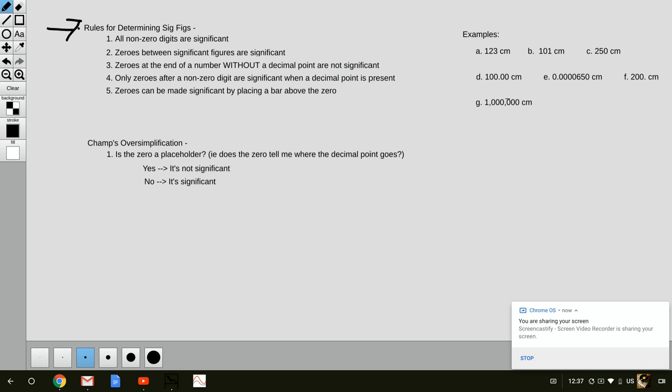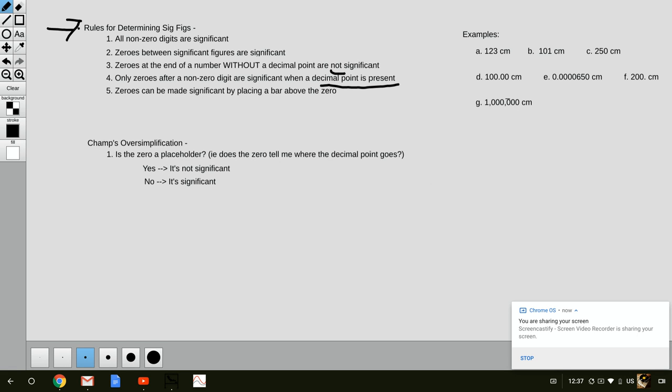Third rule, zeros at the end of a number without a decimal point are not significant. And then only zeros after a non-zero digit are significant when a decimal point is present. And then zeros can be made significant by placing a bar above the zero if needed, okay?